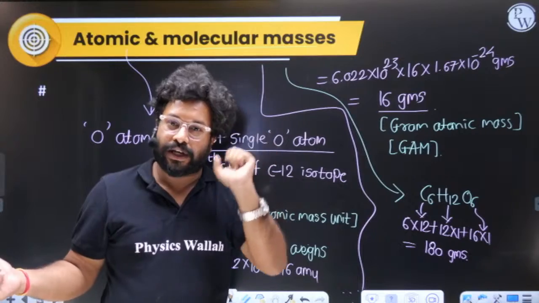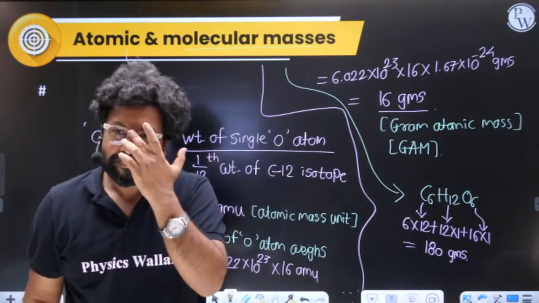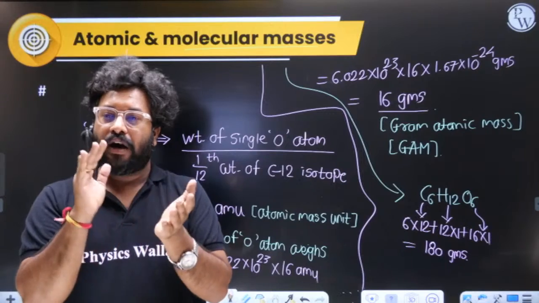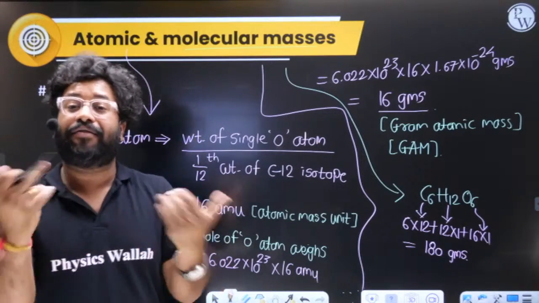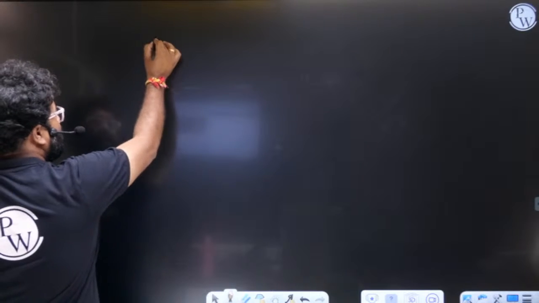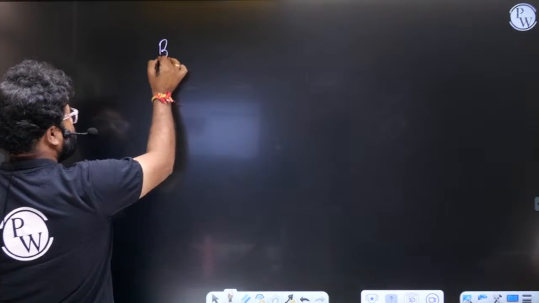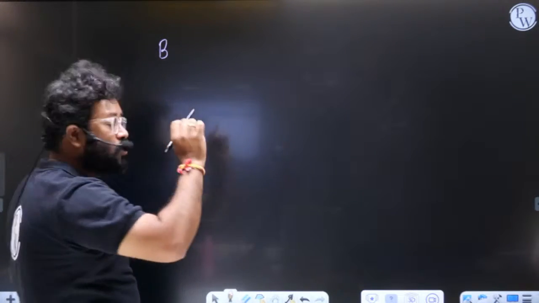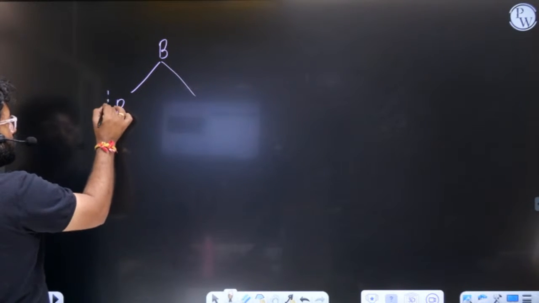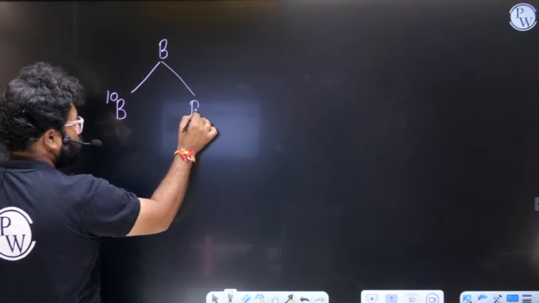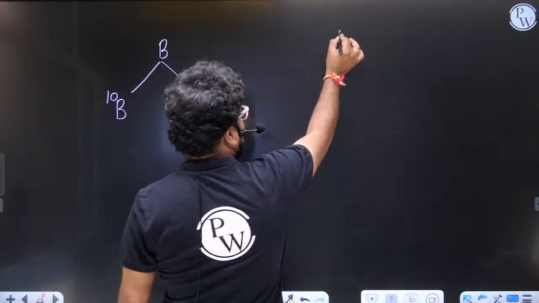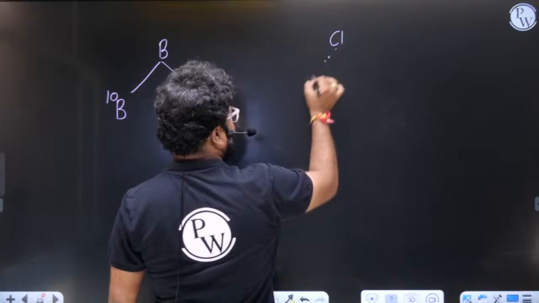And there's one more thing. There are some elements for which we need to take the average atomic mass. For example, isotopes: boron. Boron has two isotopes, boron 10 and boron 11. Similarly, chlorine also has two isotopes.